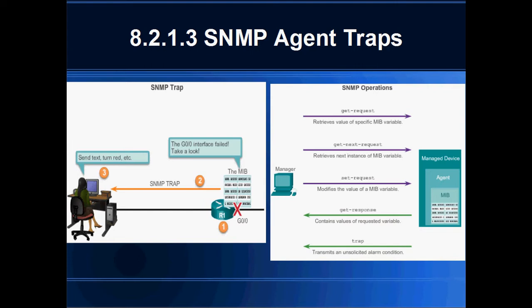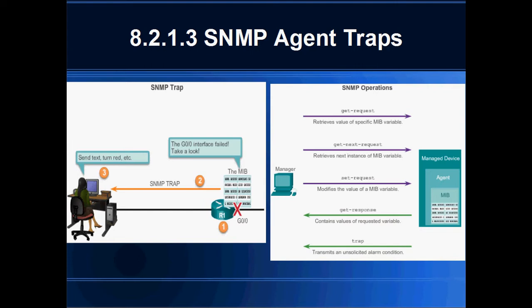Although this periodic polling of SNMP has a few disadvantages. For example, there is a delay between the time that an event occurs and the time that it is noticed, because this polling doesn't occur constantly, it's periodic. And there is a trade-off between polling frequency and bandwidth usage.